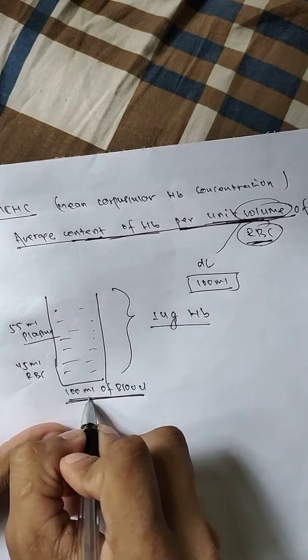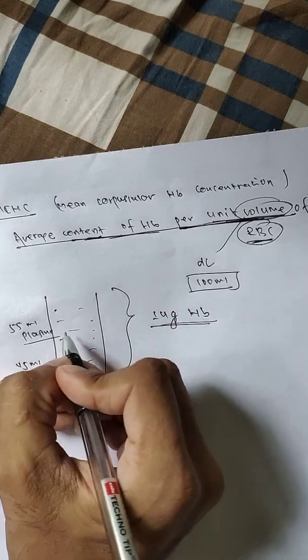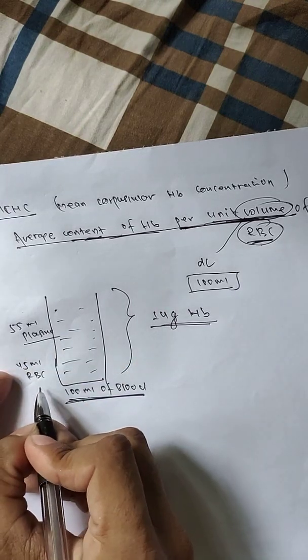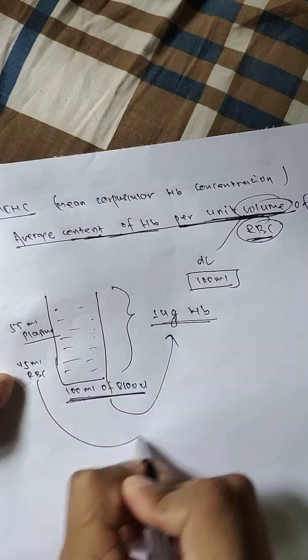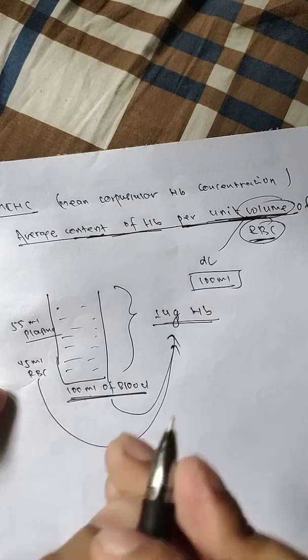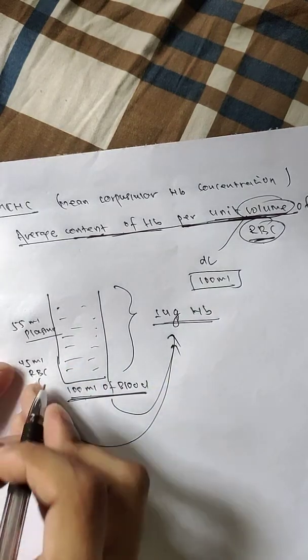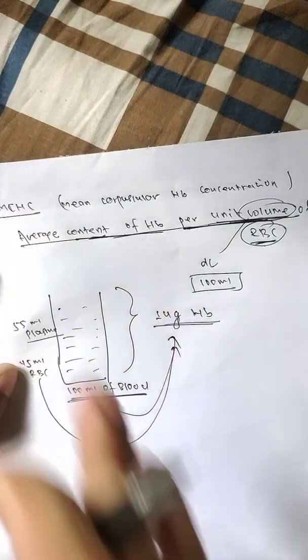Plasma cannot contain hemoglobin, so the RBC contains the hemoglobin. So 45 ml of RBC will contain the 14 gram of hemoglobin. Then how much hemoglobin will 100 ml of RBC contain? This value is the MCHC.